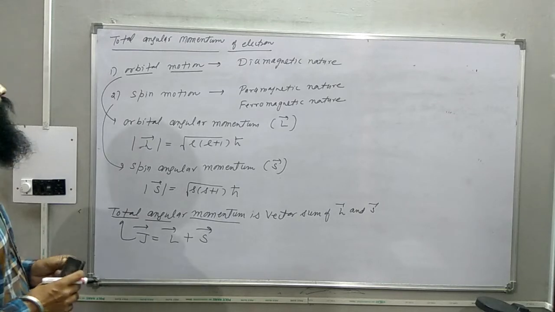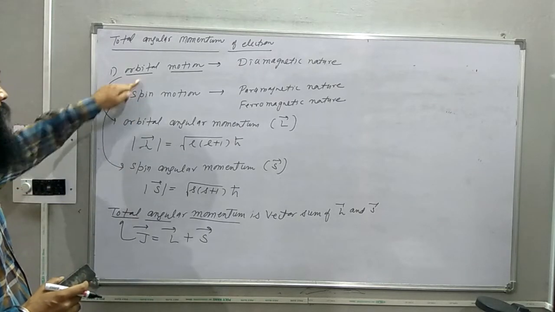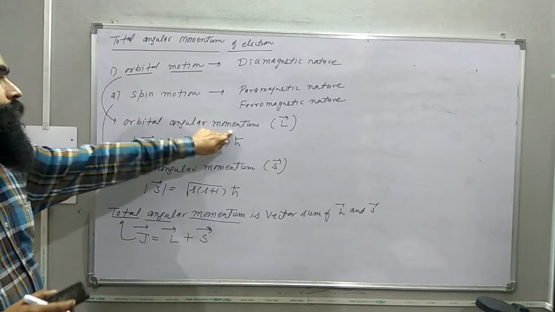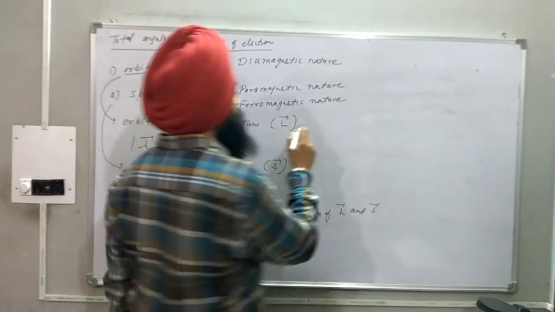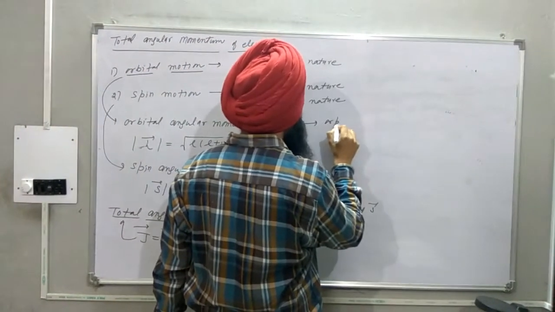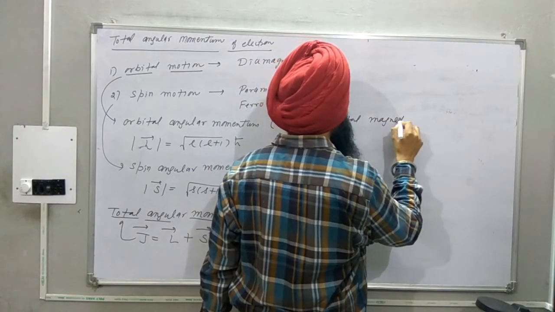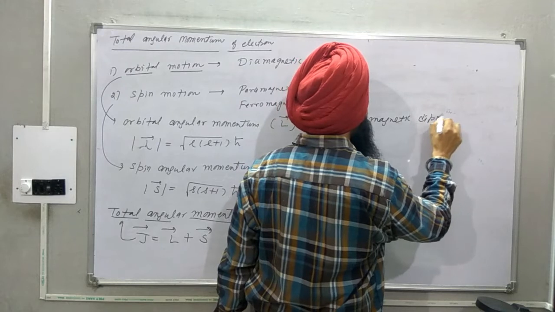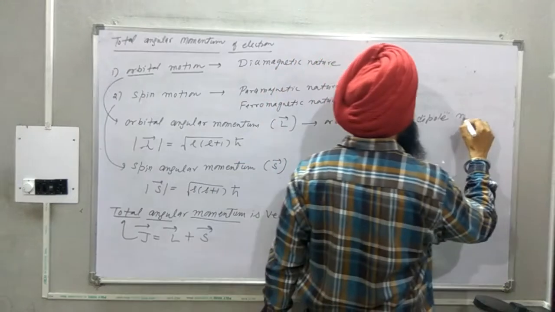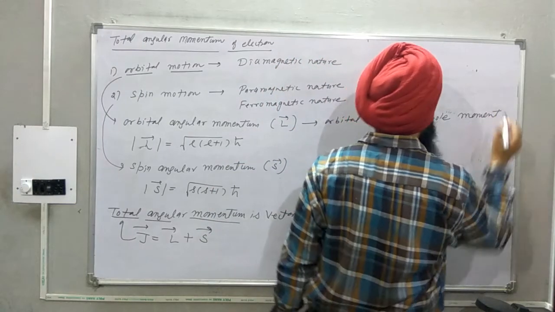Corresponding to orbital motion we have orbital angular momentum, and we have orbital magnetic dipole moment.